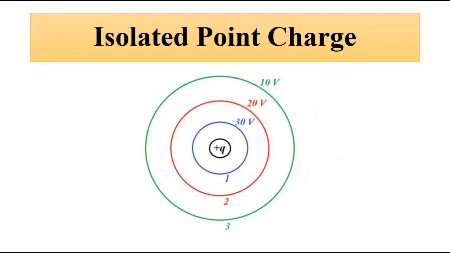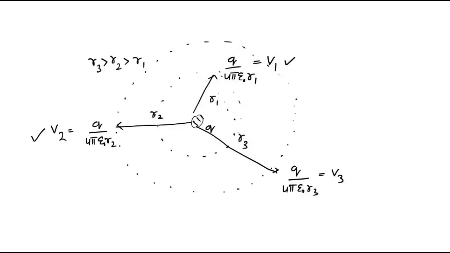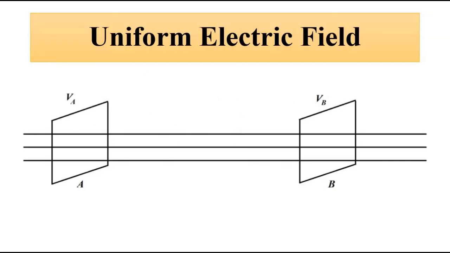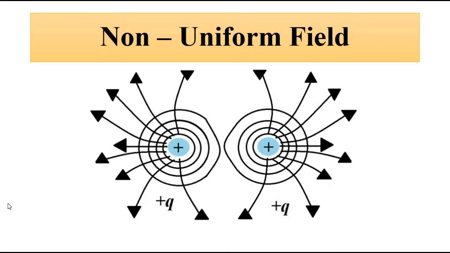The first case is the isolated point charge, then the uniform electric field, and then the non-uniform electric field. In the non-uniform electric field, we just have to follow the electric field lines, and then draw equipotential surfaces at right angles to those field lines.